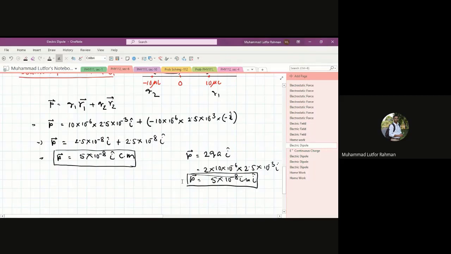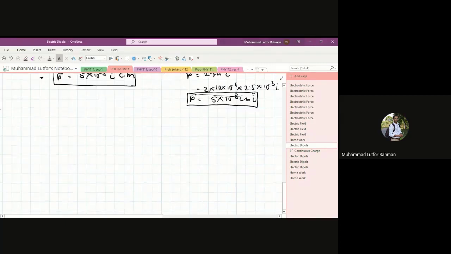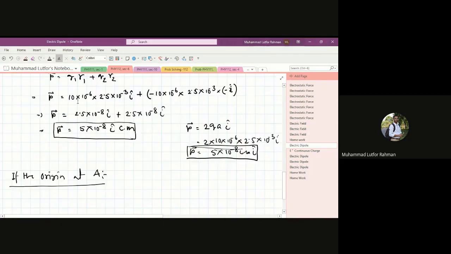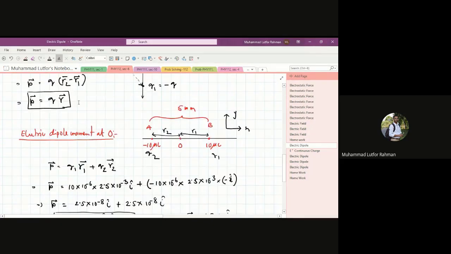Fine. Now I'm going to find out with respect to the point A. So that means if the origin is at A, I will choose the origin at point A. Let me make a copy of this one.